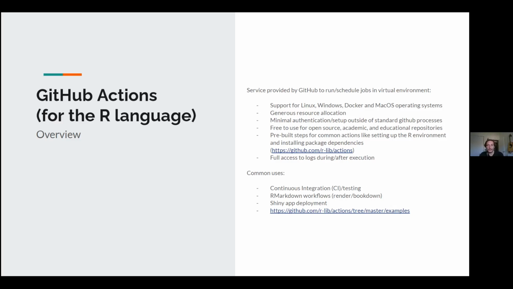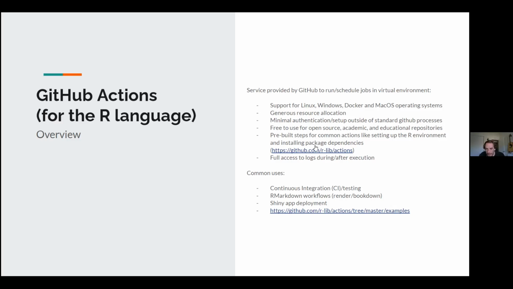It's free to use for open source, academic and educational repositories, which is huge. That's a really big one. Free to use is definitely a good quality there. And there's a lot of support, even for the R language, for some common actions like setting up R in this virtual environment where you're going to be running these scripts, or installing package dependencies, things like that.